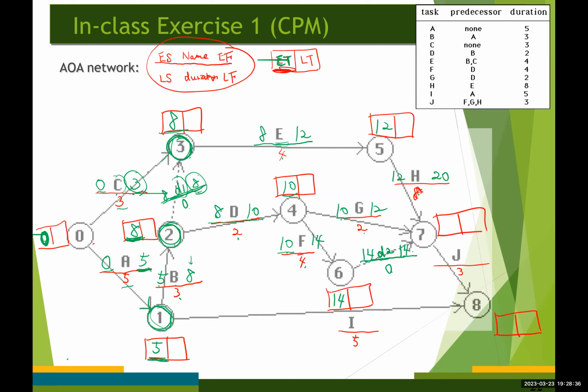And down here, the earliest start time for activity I is going to be 5, right? 5 plus 5 becomes 10. Is that right? It's very simple and straightforward, right? Now it's time for us to determine the earliest time for event number 7.